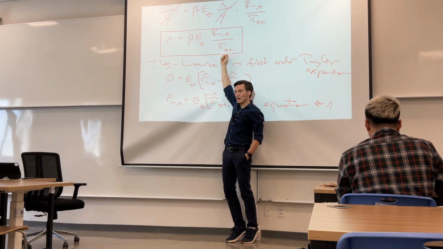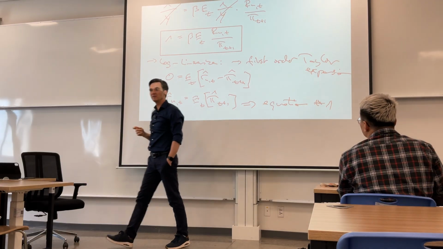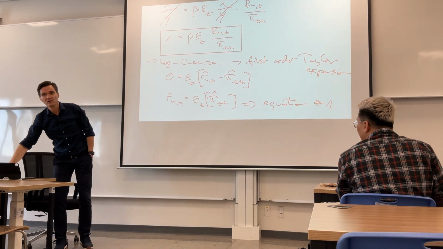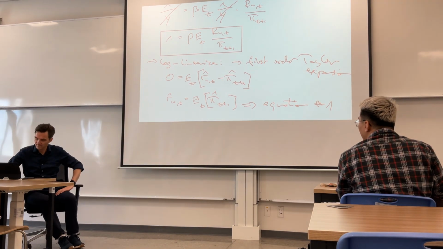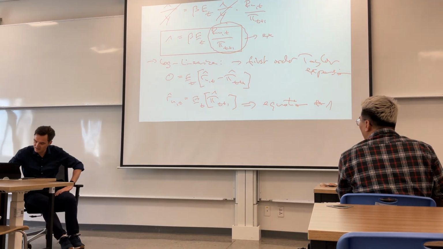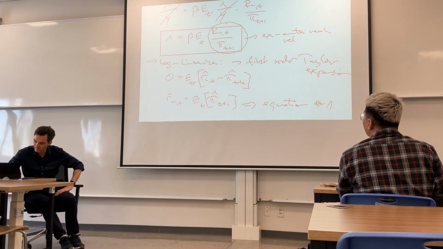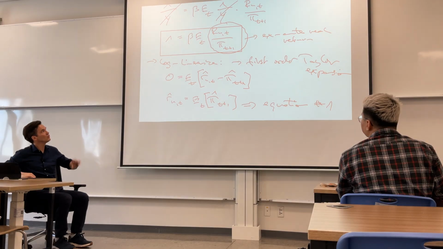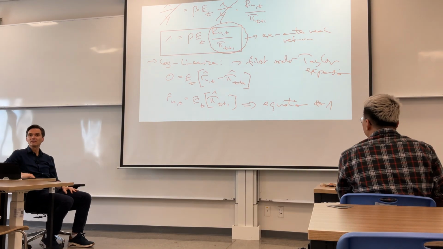Is this real rate of return moving around in this economy, or is this a constant? No, it cannot change. This is the ex ante real return, and the real return is constant.